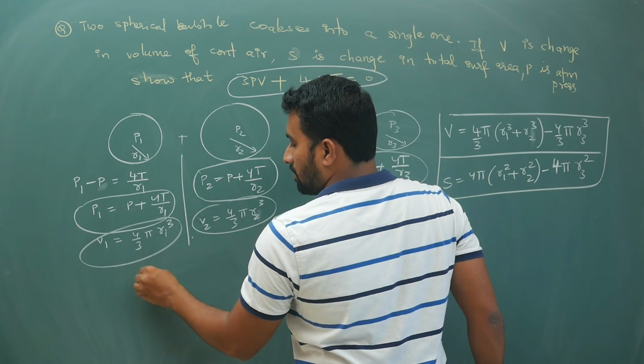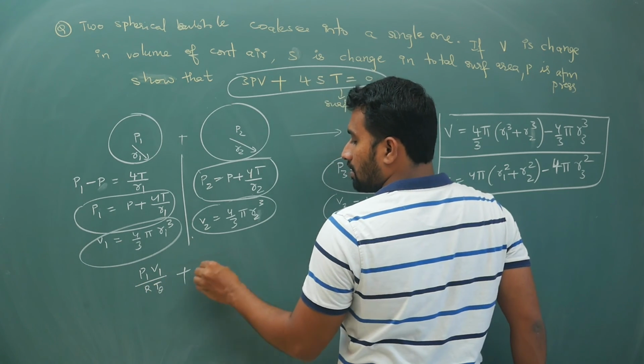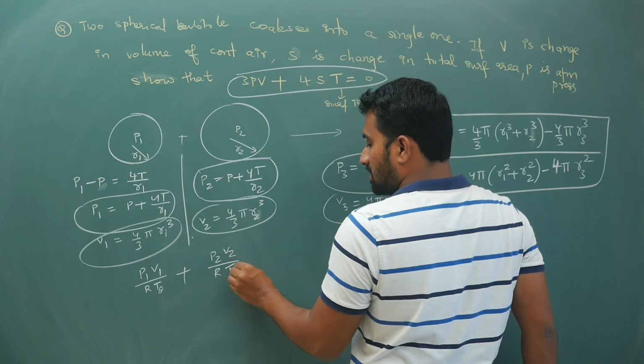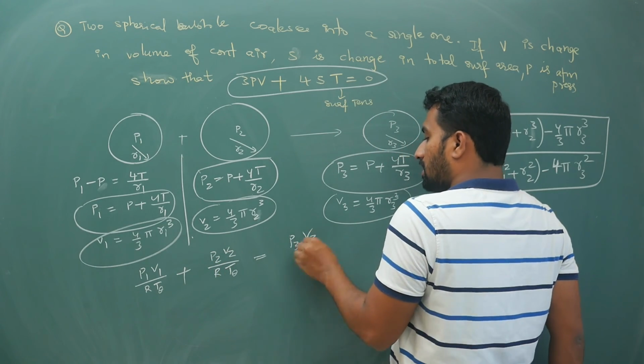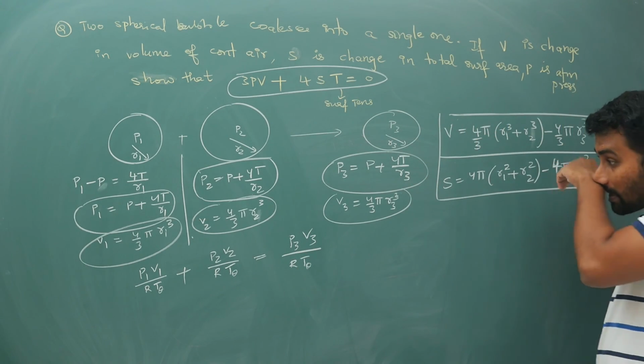So P1V1 by R times temperature theta plus P2V2 by R times temperature theta is equal to P3V3 by R times temperature theta. Now the denominator will cancel off.